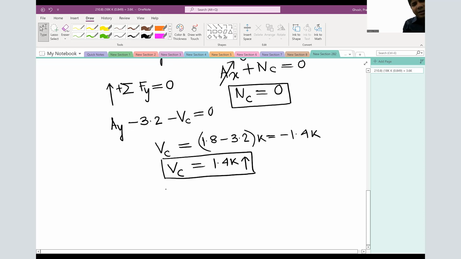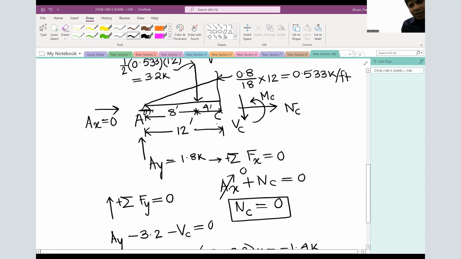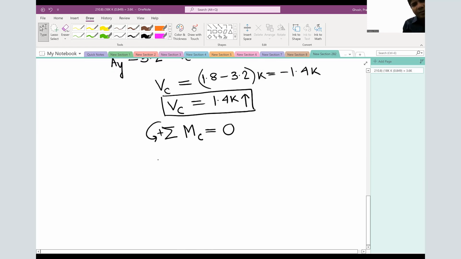Then the last internal force, which is the moment at point C. So summation of moment at the cut section is going to be 0. So who is creating the moment? Let's see very, very carefully. Ay times 12, this load 3.2 times 4, and the original MC.